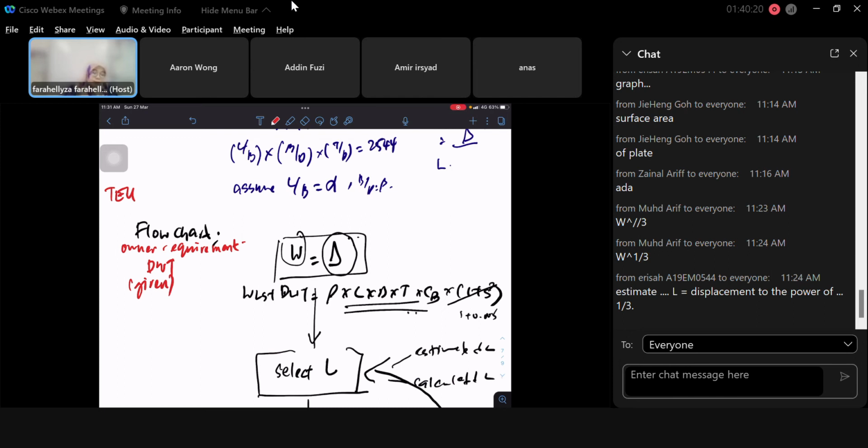And some are also given in terms of what else? I think it's only DWT and passengers. For RoPax ships, the requirement is given in terms of passengers. For RoRo ships, they are given in terms of GRT, gross tonnage.